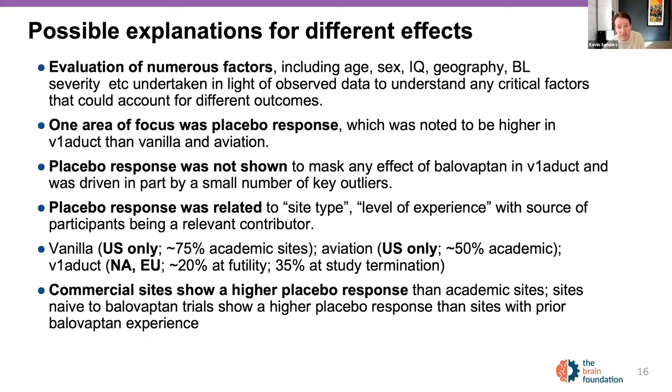The commercial sites, for the most part, use the centralized IRB, whereas the academic sites a lot of times will have their own IRB, and contracting often is more difficult and time consuming. Academic sites have many studies going on, and priorities may not be the same between these two different site types. And overall, in the commercial sites, we saw a pretty significant difference in the placebo rates.